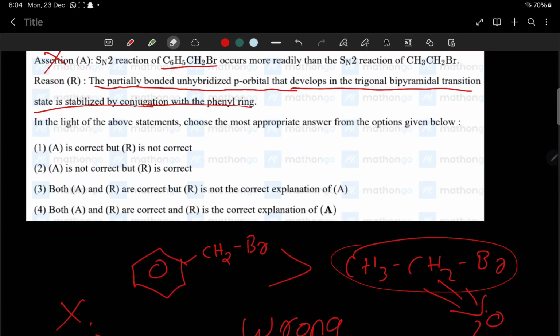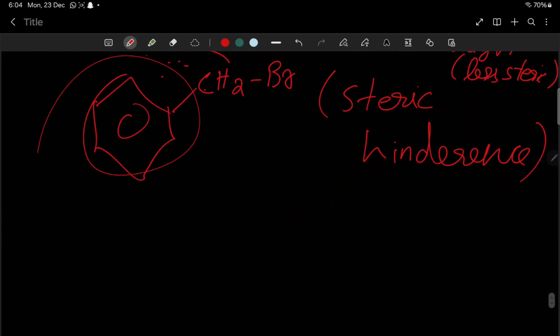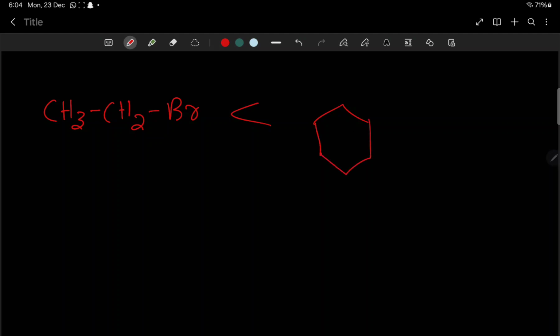Our reason is correct, that we know. But assertion, it is also correct. Because they are telling that CH3CH2Br is compared with C6H5CH2Br. It's told like this. It needs explanation, it's difficult to understand.